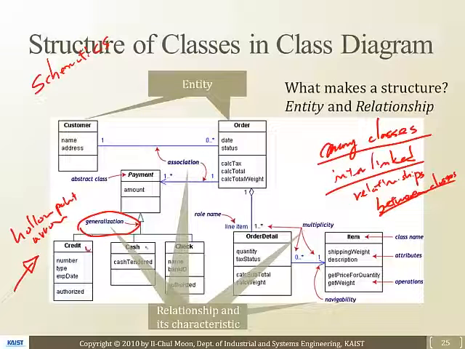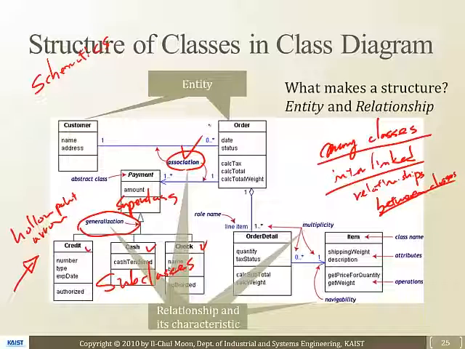It means that credit, cash, and check are the subclasses, and this is the superclass, right? Very interesting. Having said that, we have these association relationships here, right? And we have multiplicity here, right? And we have what is called aggregation relationships here, right?